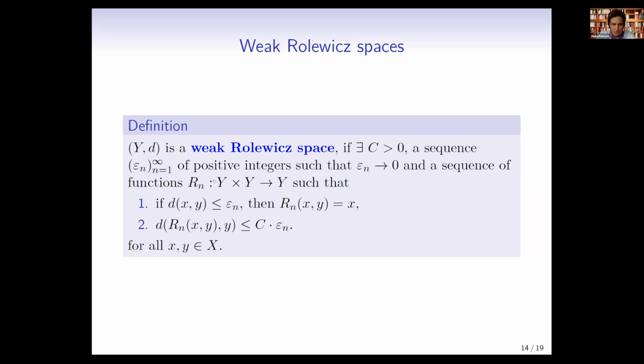And this map is also continuous. In this definition, an ellipse in R2 is a weak Rolewicz space.